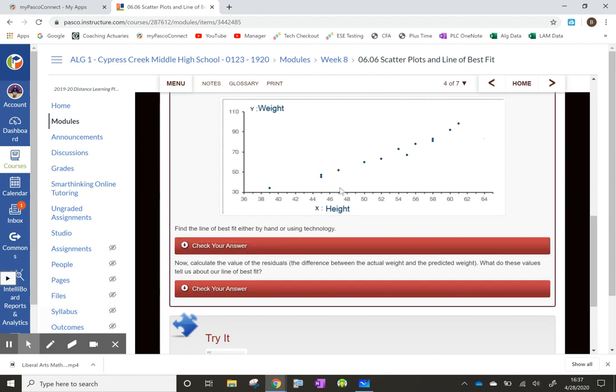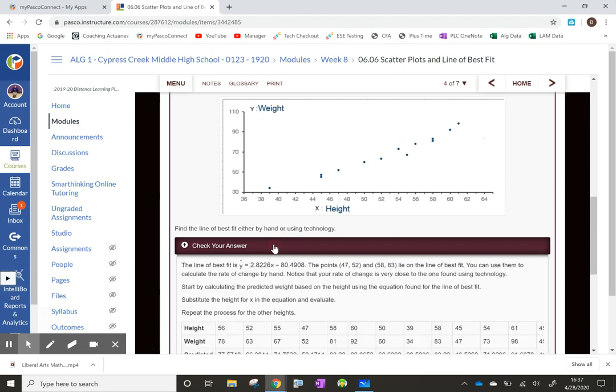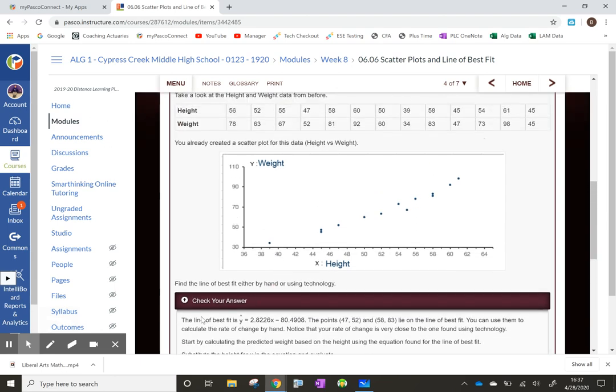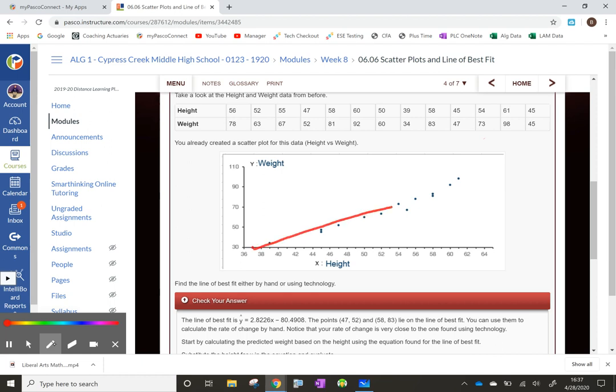Then what you would do is what we just did last time, which is create an equation for this. Remember how you make an equation? You would just sketch a line of best fit through it, and then you would try to pick 2 points on that line of best fit and do the slope formula, y minus y over x minus x.